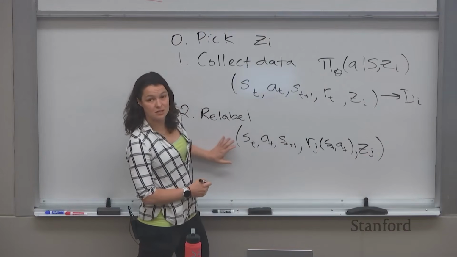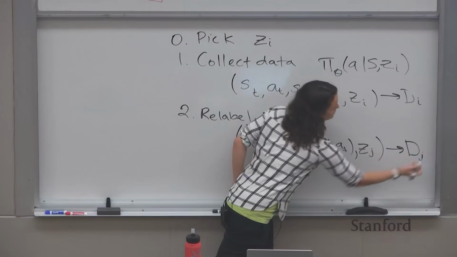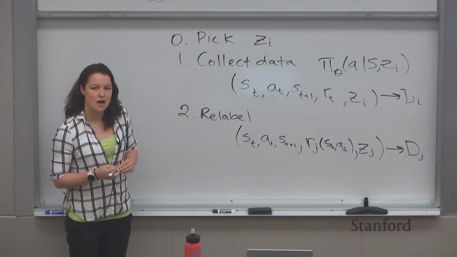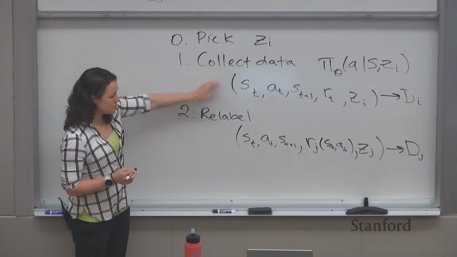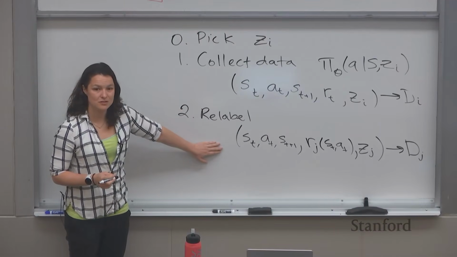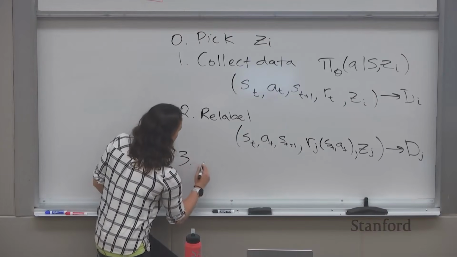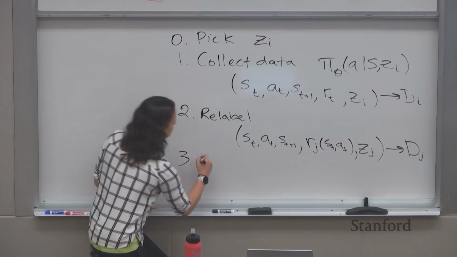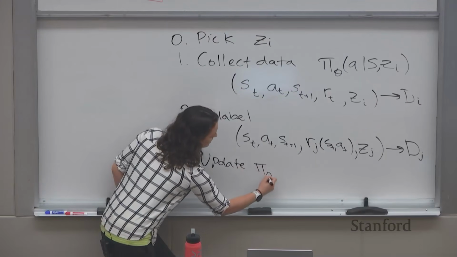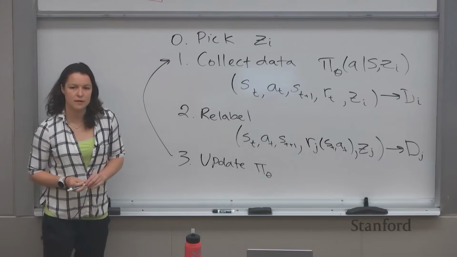We could take this relabeled data and add it to either our shared replay buffer or our replay buffer for task j. So then we're actually using experience for one task to learn another task. We might do this for multiple tasks. Eventually, we will update our policy π_θ and collect some more data.